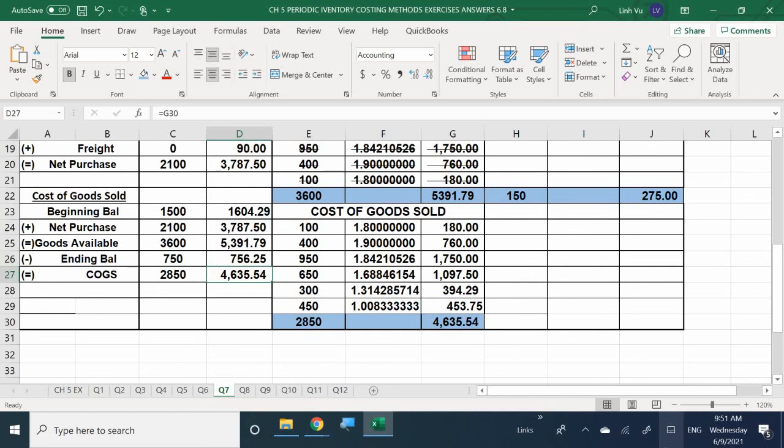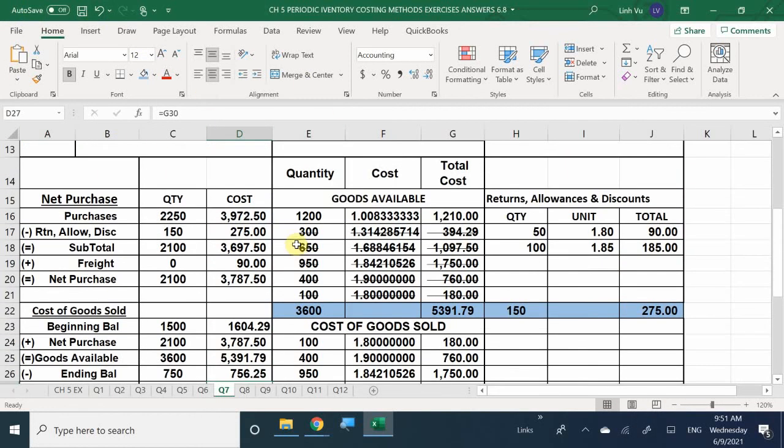Excellent. All right. And there we have it, our second completion of looking at what happens when you have beginning inventory and you're using the LIFO. So like I've mentioned before, when we look at LIFO, we're going to get rid of our purchases first. And then if we do get there, then we'll take away from our beginning balances.